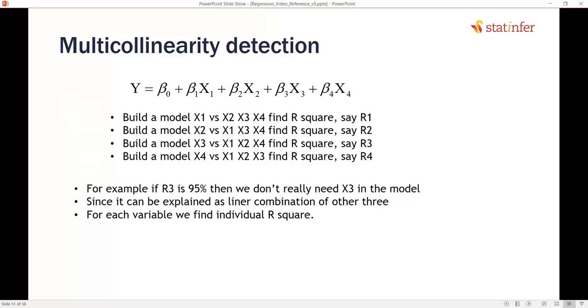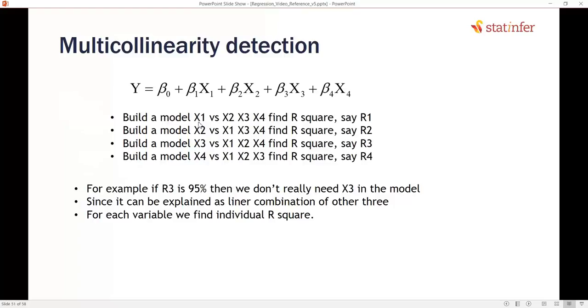Can I say there is multicollinearity? Can I say x2, x3, x4 together explain 98% of the variation in x1? Can I say that x1 is redundant in the presence of x2, x3, x4? Can I say x1 simply can be dropped, otherwise it will lead to multicollinearity? Yes, we can say that.